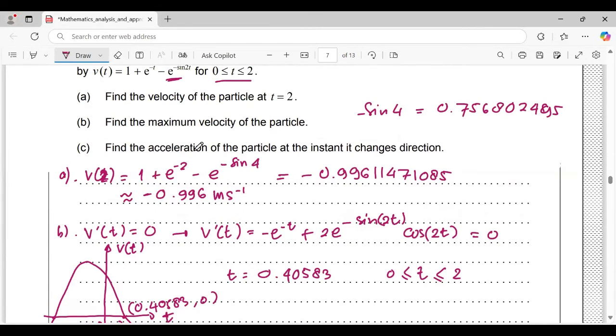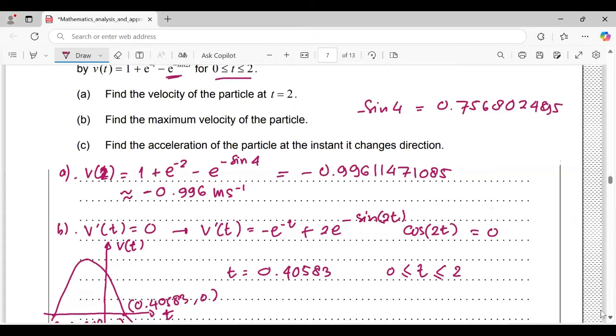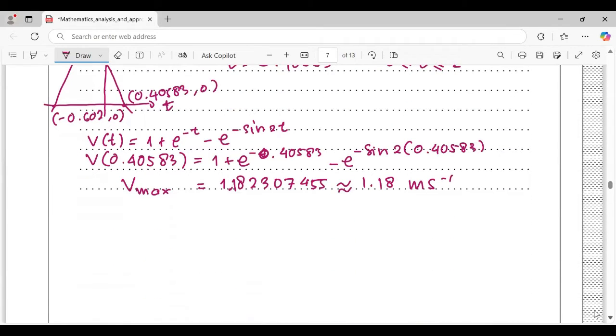Find the acceleration of the particle at the instant it changes direction. Okay, the particle changes its direction when the velocity equals 0.